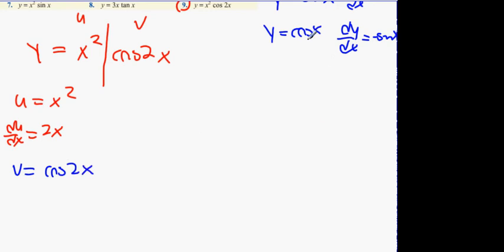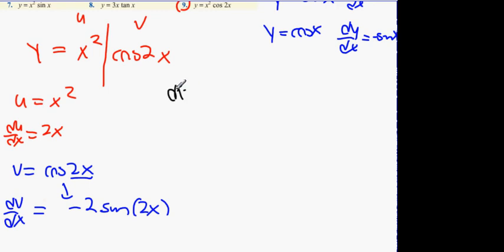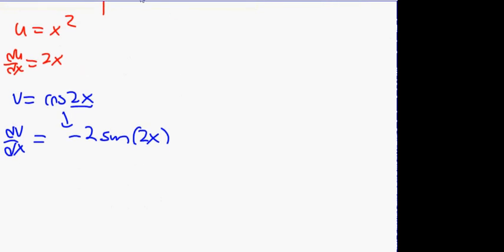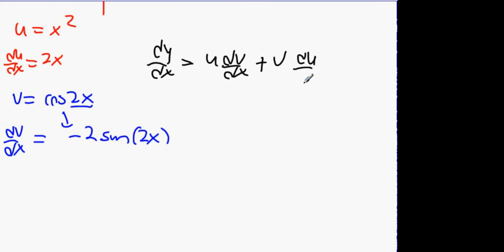Now, cos turns into minus sine, so here's how I understand what's going on. Cos turns into minus sine. Angle is always maintained. Differentiate the angle, 2. It's a product rule. Write down the product rule and obey the product rule very rigidly, okay? So you're going to just obey whatever the product rule says. dy dx ends up to be u times dv dx plus phi times du dx.